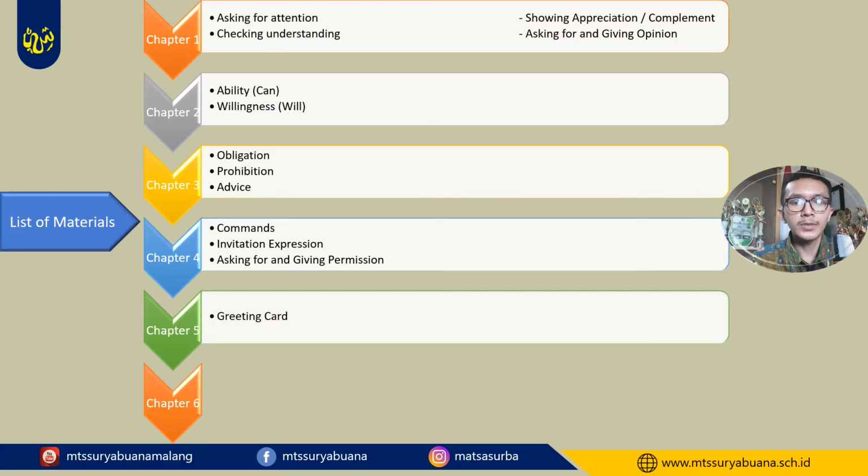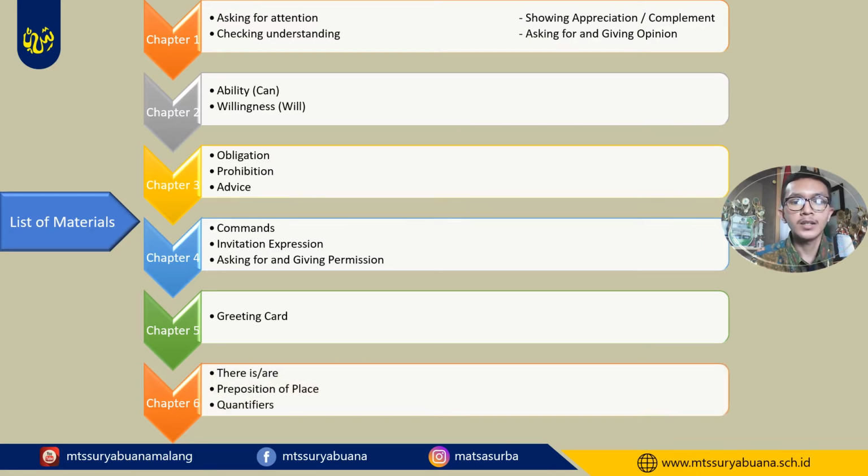For chapter 5, this is about greeting card. And the last one, chapter 6, there are preposition of place and also quantifiers. So all these materials are used in final examination.